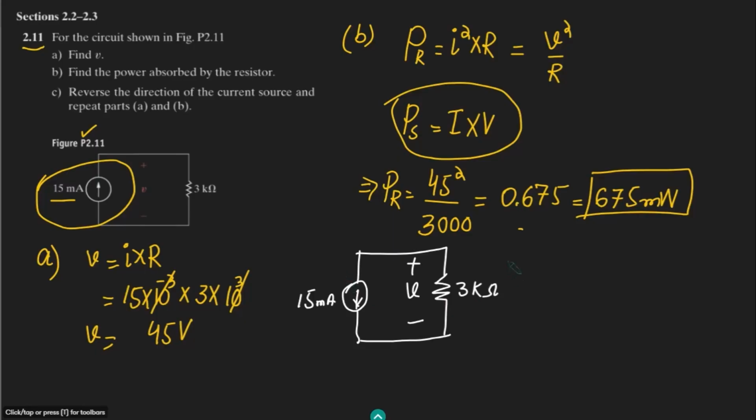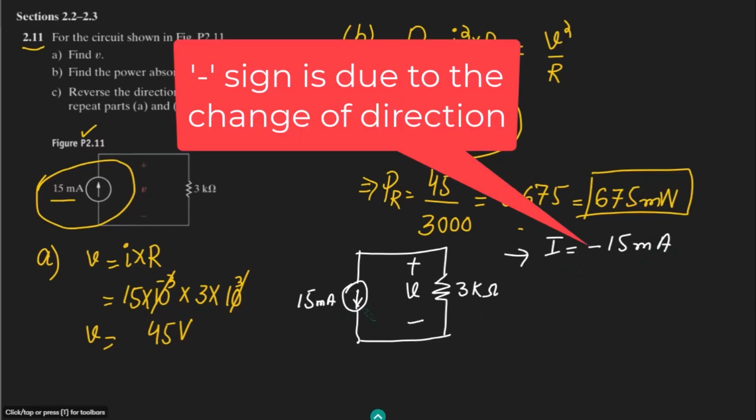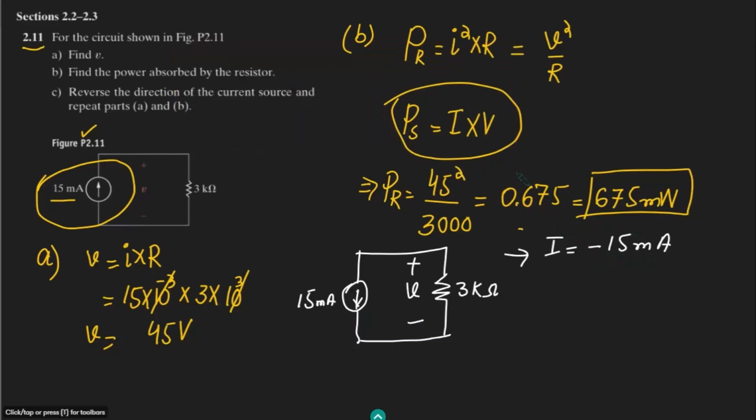So therefore the value of current is now what? That is minus 15 milliamps. By changing these values, all the previous values will be negative, as we will write here the value of I equal to minus, so it will become V equal to minus 45 volts. What does it mean?